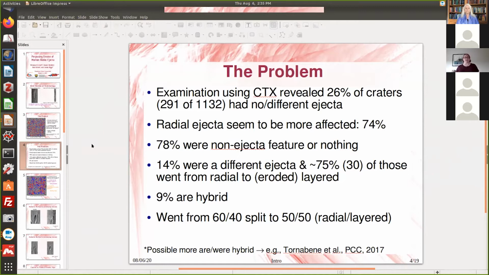I just wanted to point to work that Leo Tornabene has been doing, looking at the ejecta of very fresh craters on Mars, and they're seeing that actually most of these, in some sense, are hybrid, where the radial component tends to be very thin, and so gets eroded quickly, and they look more like layered. So it's possible that more craters were initially a hybrid than originally thought, and what this might mean for subsurface volatiles is still unclear.